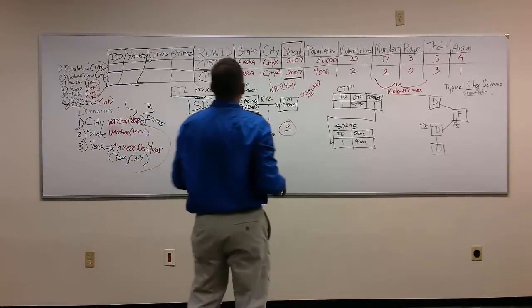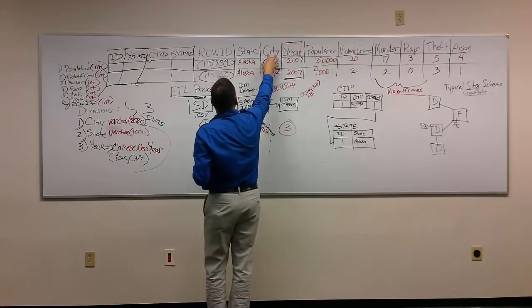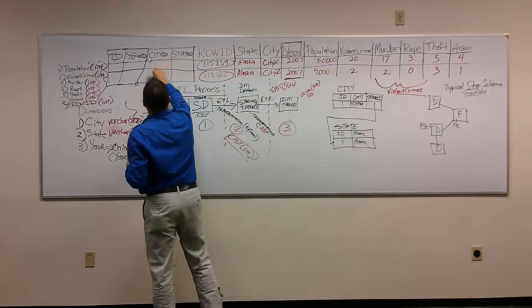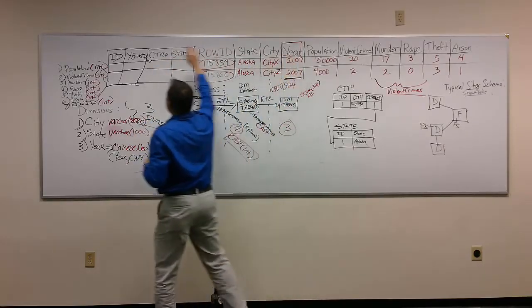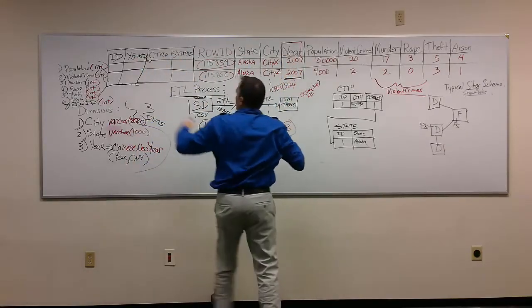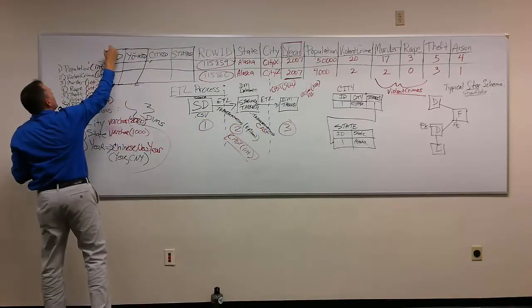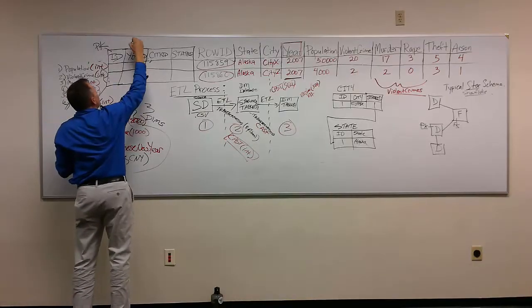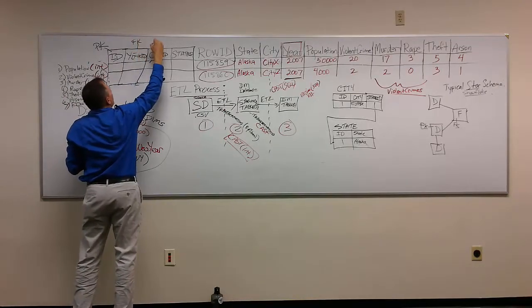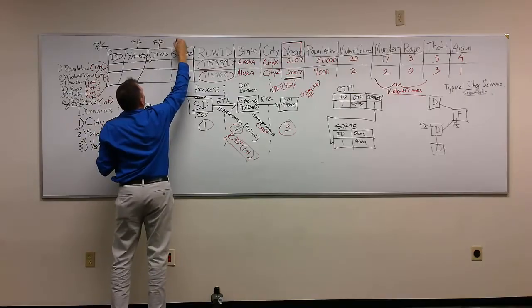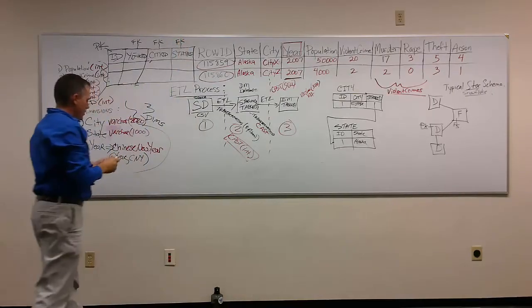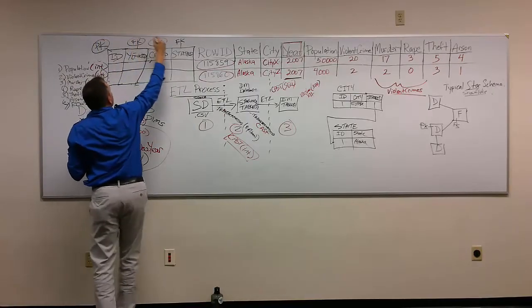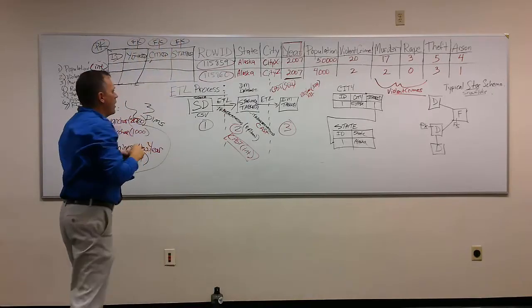Here's the goal. For each city, I need an ID. For each state, I need an ID. For each year, I need an ID. And this is basically going to be the primary key column. These are going to be foreign keys. So we've got a primary key column and three foreign keys.